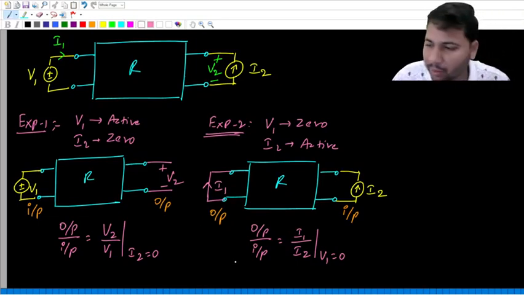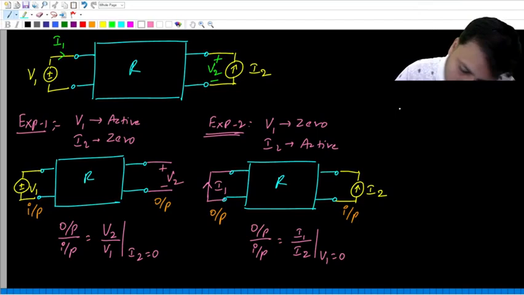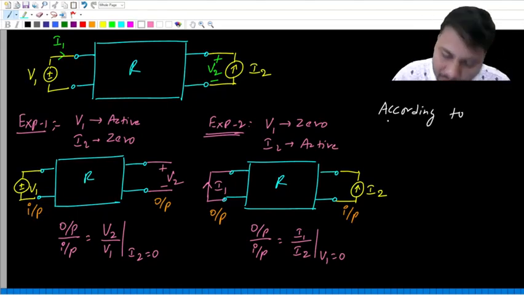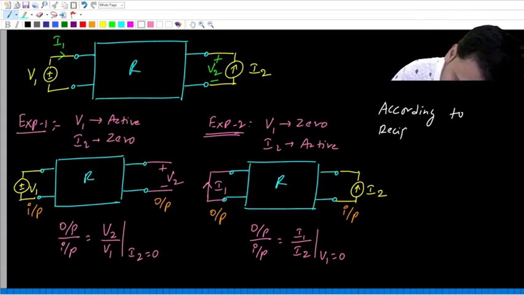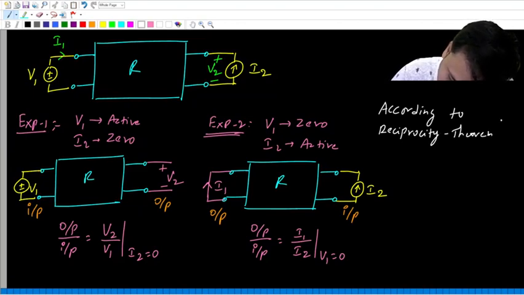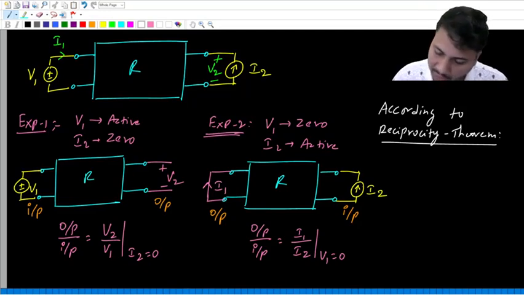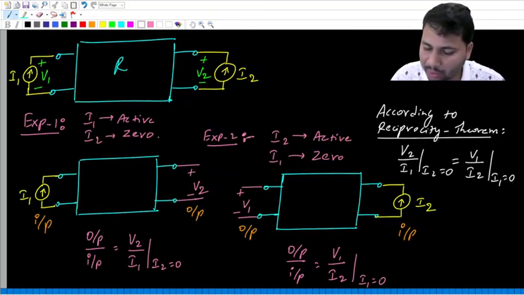Now again, we have two experiments. In each experiment, we found the ratio of output to input. We just have to know the relation between the two ratios, which is governed by the reciprocity theorem. In the earlier two cases, according to the reciprocity theorem, the two ratios are equal.